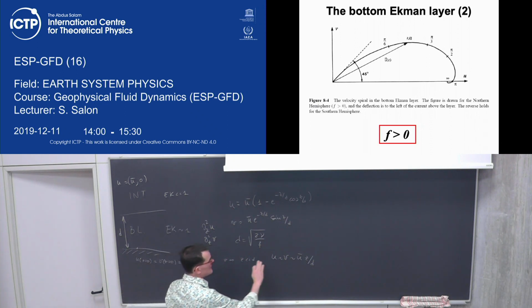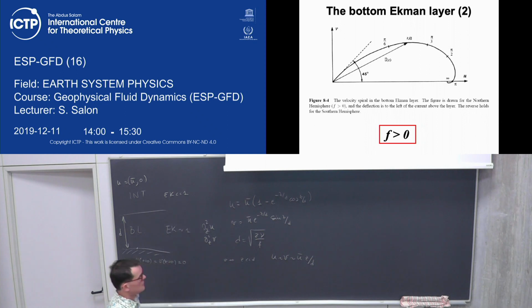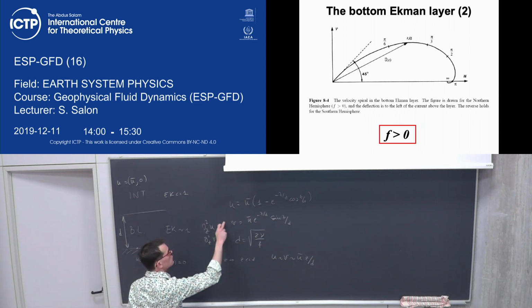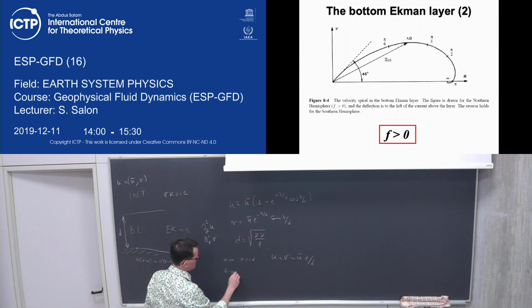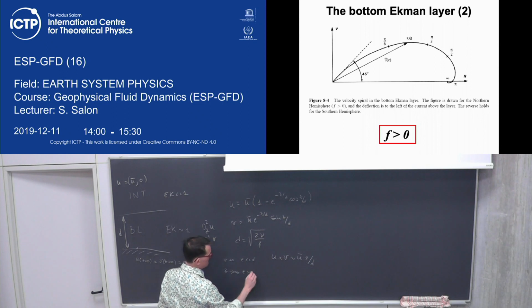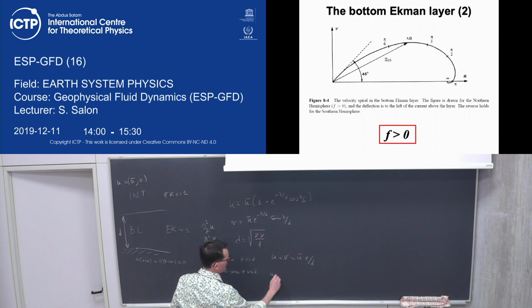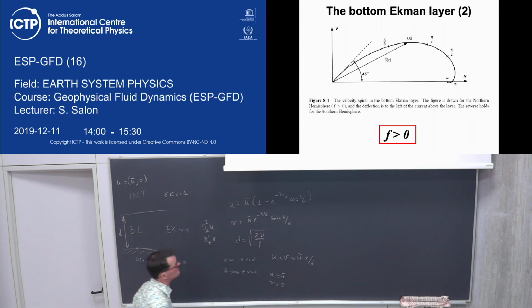Okay, which is exactly the same function that we have for both u and v. And then, of course, when we go to infinity, so z is much larger than d, we have that u is exactly equal to u bar, and v is equal to 0.